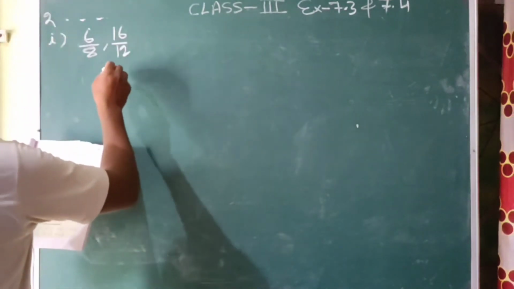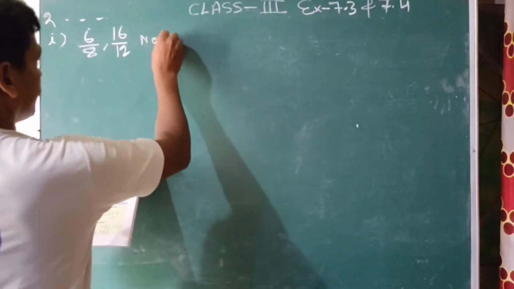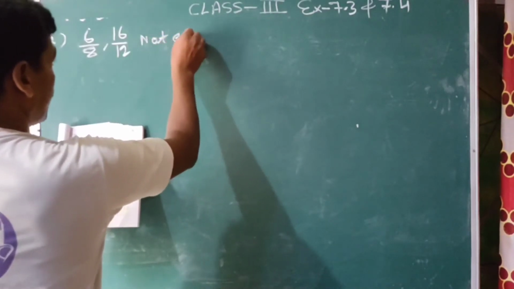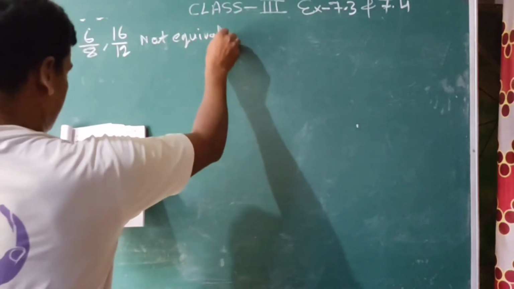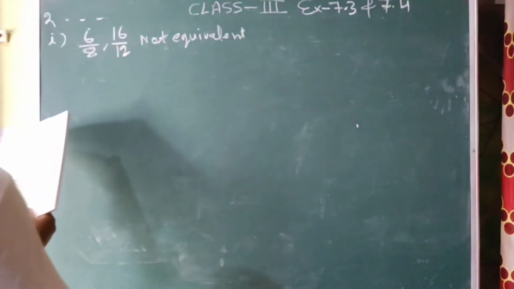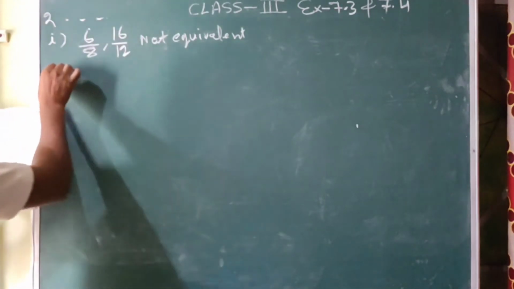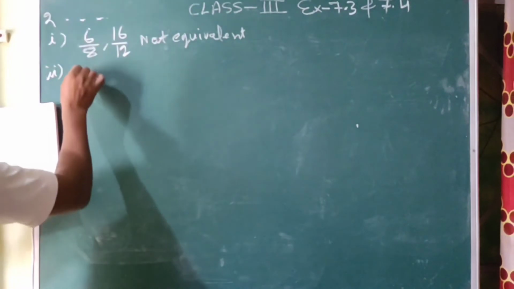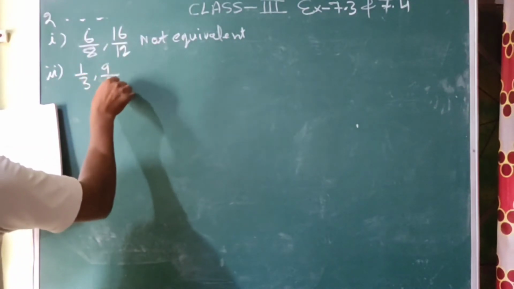So we will write here: not equivalent. Right? And then the second part, 1 upon 3 and 9 upon 27.